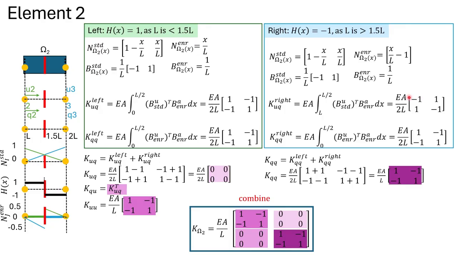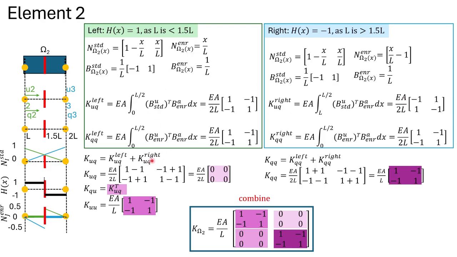It differs from the left component by just having different placements of the negative sign. And then we get the KQQ for the right side here, which is the same as it was for the left side.